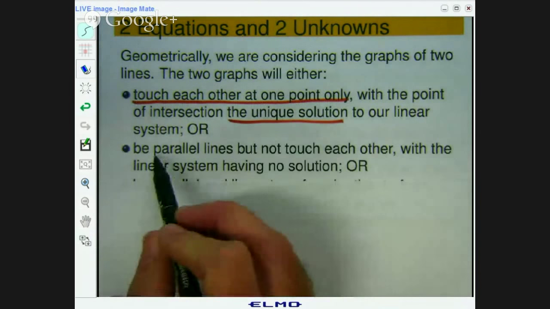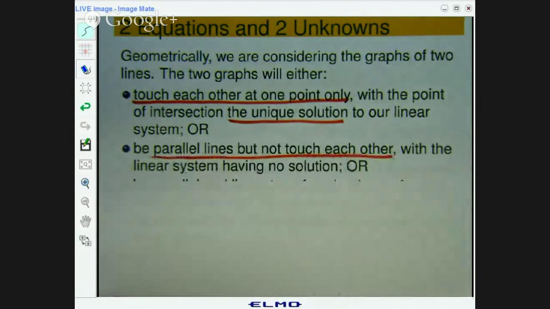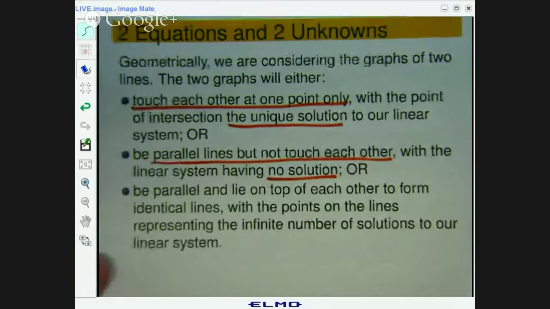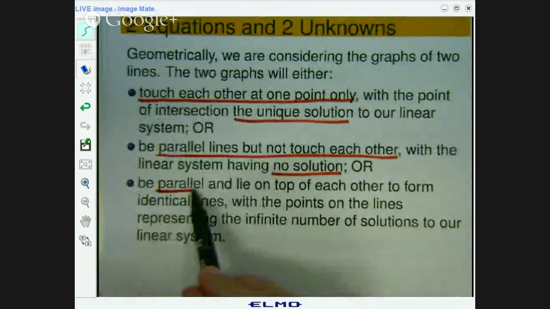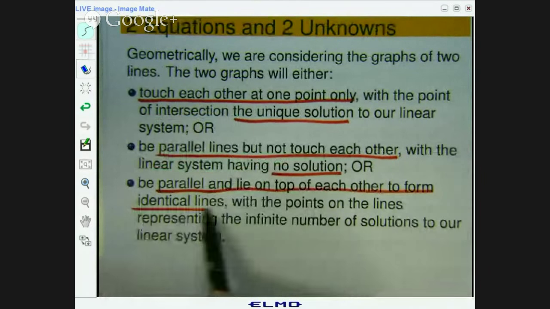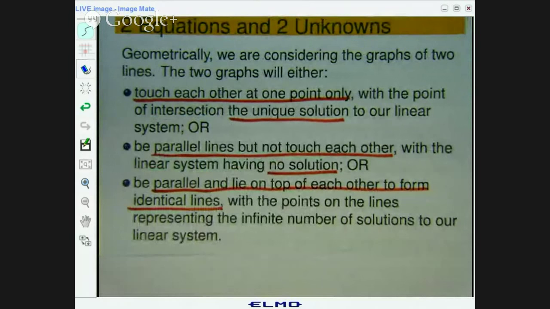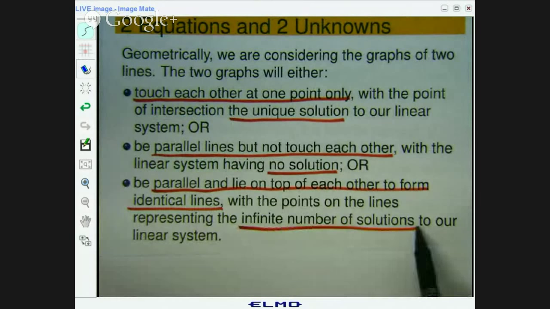You can have parallel lines that don't touch each other. In that case, there's no solution to your linear system. Well, the third case is that they're parallel and they're actually lying on top of each other to form identical lines. And again, you've got an infinite number of solutions to our linear system.